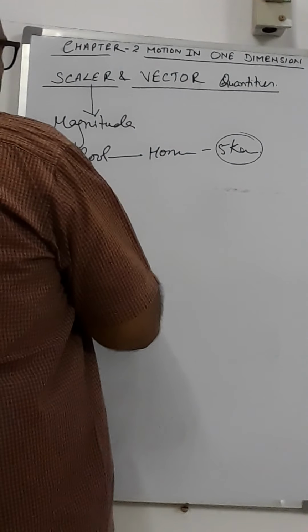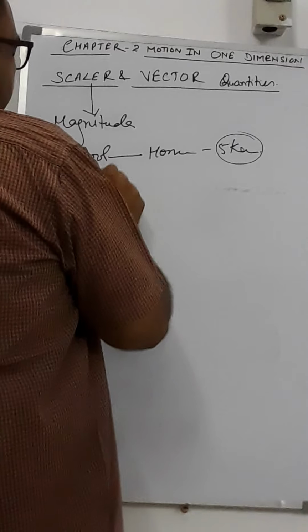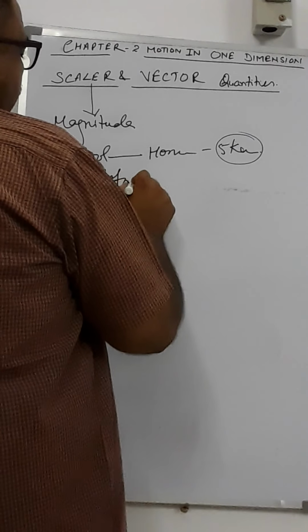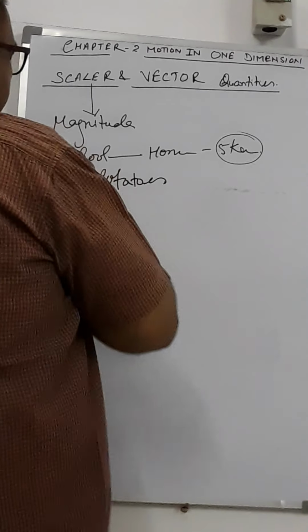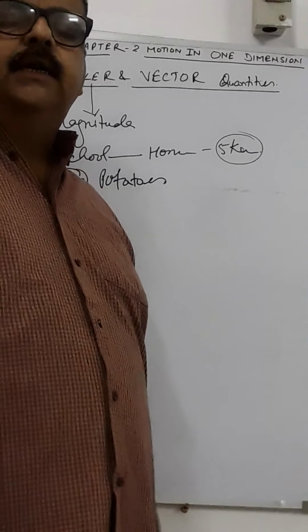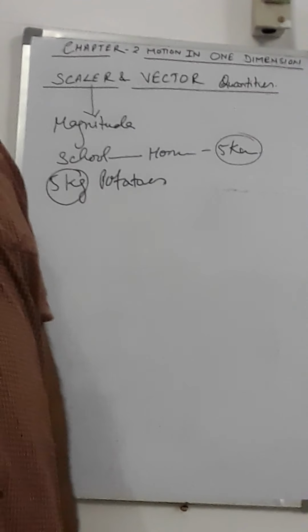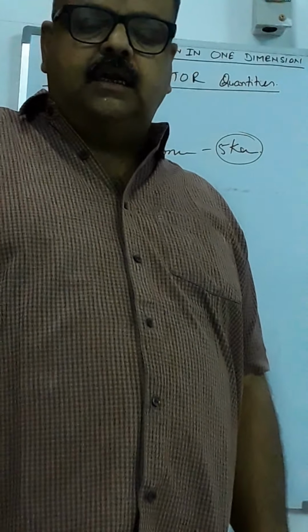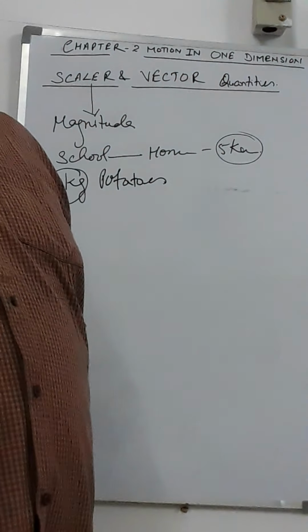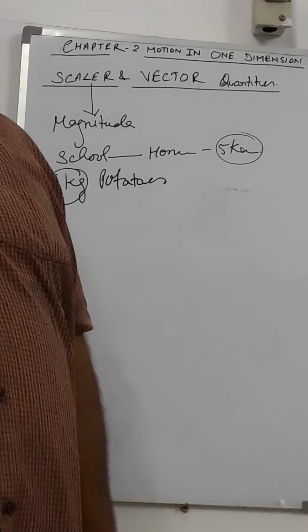A body of mass 5 kg, 5 kg potatoes. 5 kg, no direction. So those quantities which have only magnitude and no direction are said to be scalar quantities. This definition of scalar quantities we have to learn.